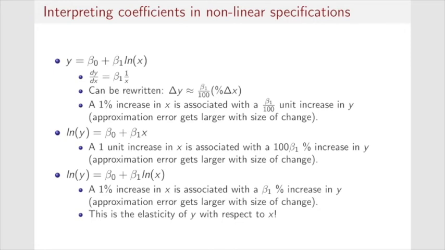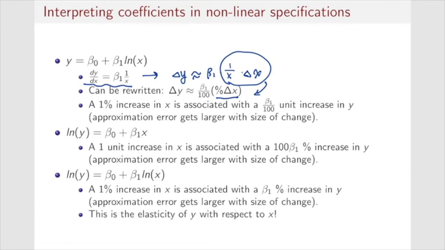For the linear-log models, it's the same idea, but now from this we can rewrite it as delta y is around beta 1 times delta x over x. These terms are similar to the percentage change of x.